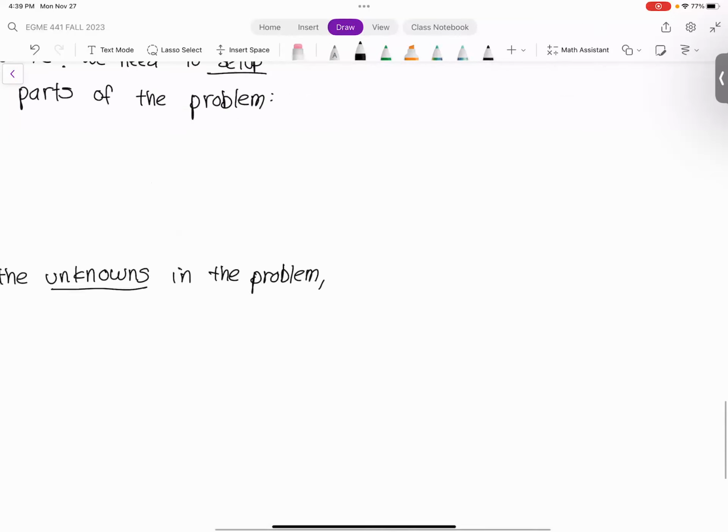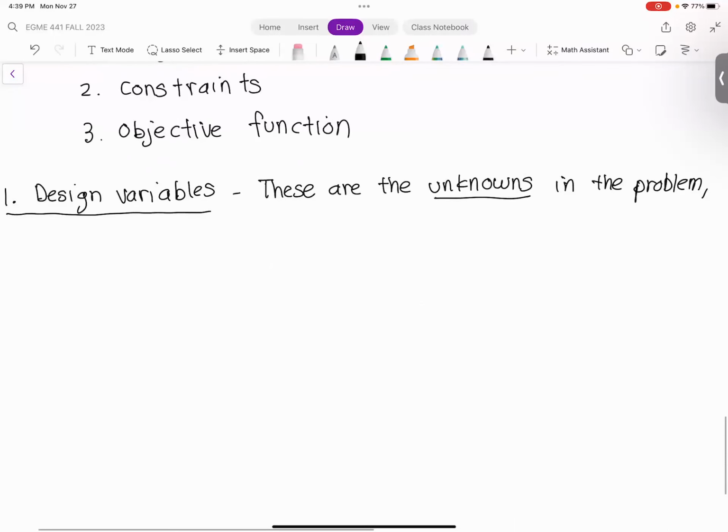These are the things that we want optimized.